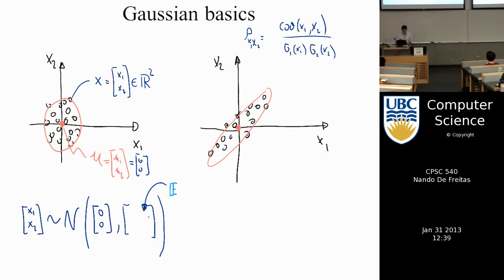And for this particular entry, the entry that should go in this cell is the expectation of x1 times x2. Sigma of x1 will be defined as the standard deviation, which is the square root of the variance, which is the square root of the expectation of x1 squared. If my mean wasn't 0, I would have to subtract it.